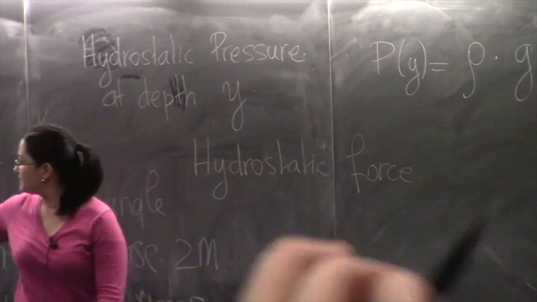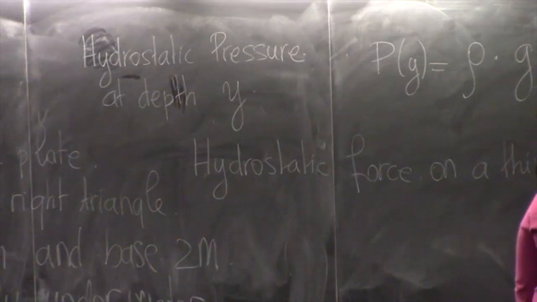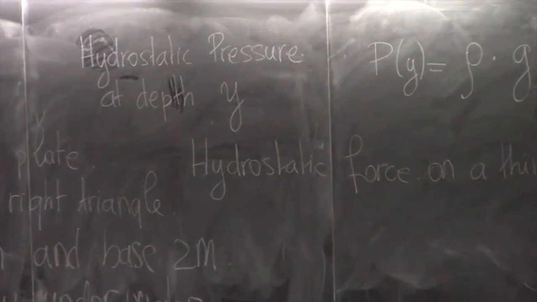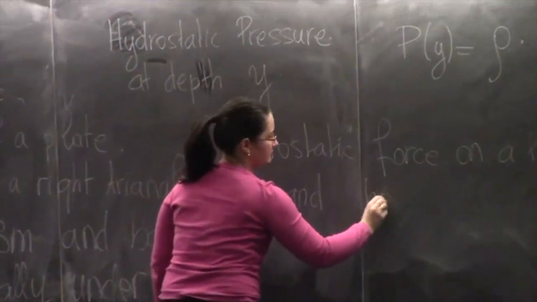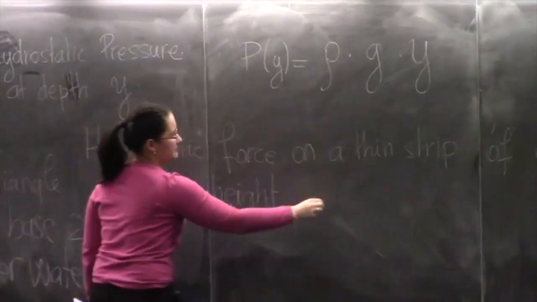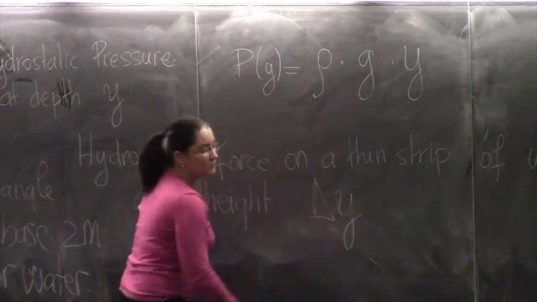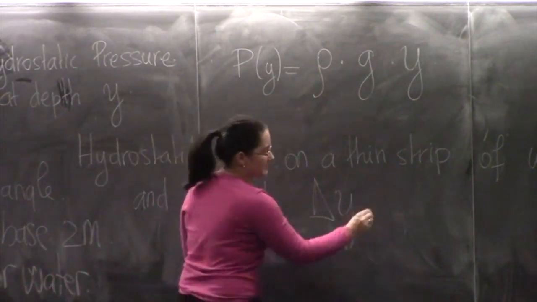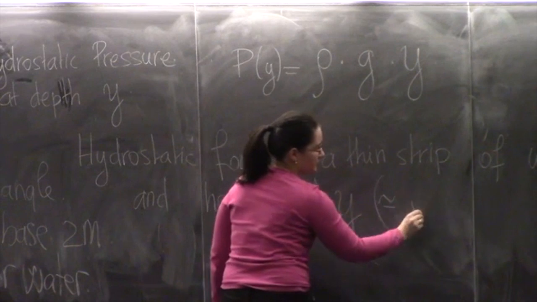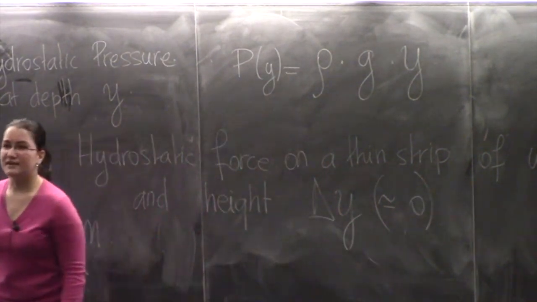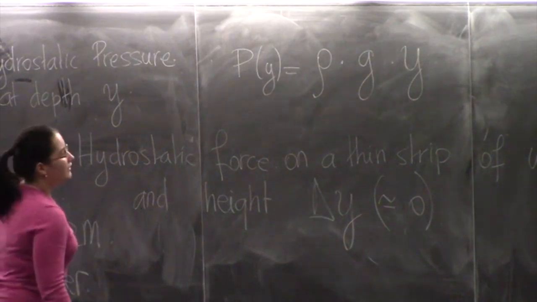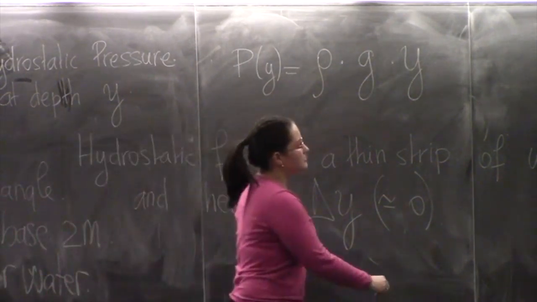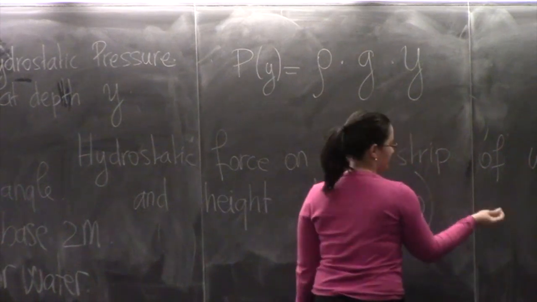On the thin strip that I've drawn over there, let's say that the width is going to be W of y and the height delta y, which is close to 0 but not yet 0, so I'm going to put a tiny sign to keep in mind that this is really, really small, but not 0. And the thin strip sits at depth y.